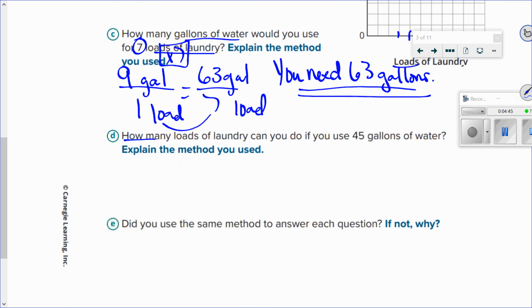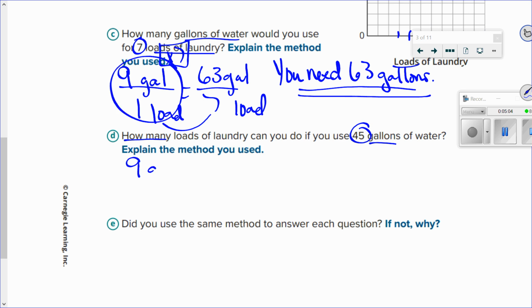So how many loads of laundry do you use for 45 gallons? 5 loads of laundry. How'd you get that one, Legend? So 45 divided by 9 because I go by 9 equals 5 because 5 times 9 equals 45. Okay, interesting, because our base ratio is here.